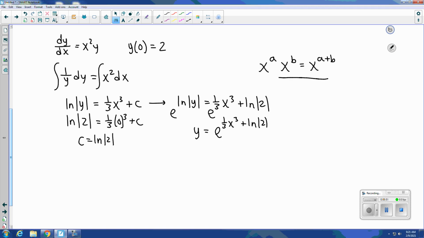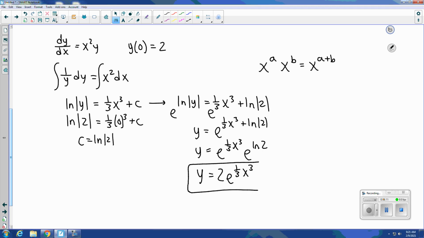Knowing this, we can reverse that. So if we see a sum in the exponents, we can split it into a product. So we can say e to the 1/3 x cubed times e to the ln of 2. Now what does this do for us? Well, e to the ln of 2 is just 2. So we can say y equals 2 e to the 1/3 x cubed. And there is our particular solution to this separable differential equation.